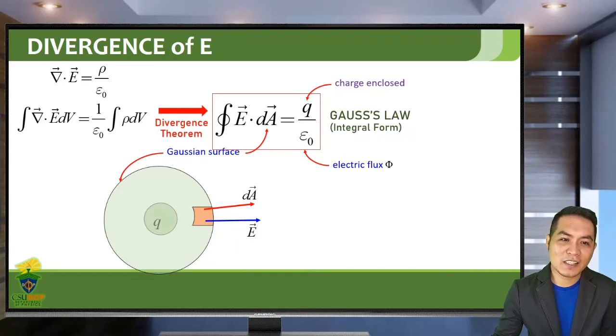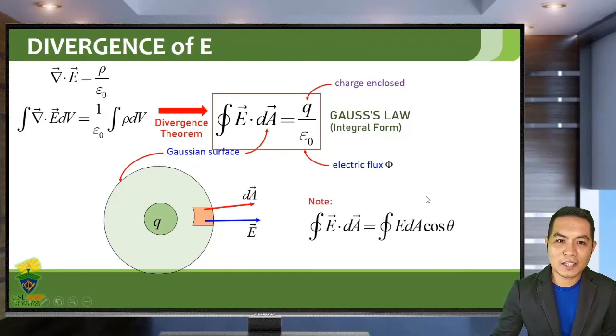That means that there is a charge enclosed by that surface. So that is what the integral form of Gauss law is about. So it's about the charge enclosed by your Gaussian surface. Similar to the divergence, the differential form of Gauss law, wherein if you see a divergence, then that means that there is a volume charge distribution, which is a source of those diverging electric field lines.